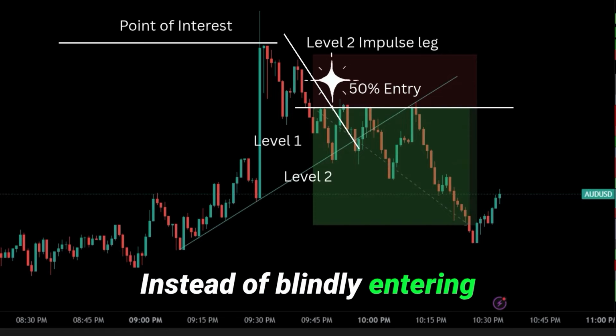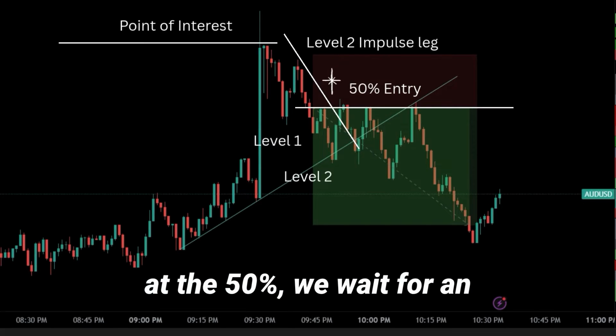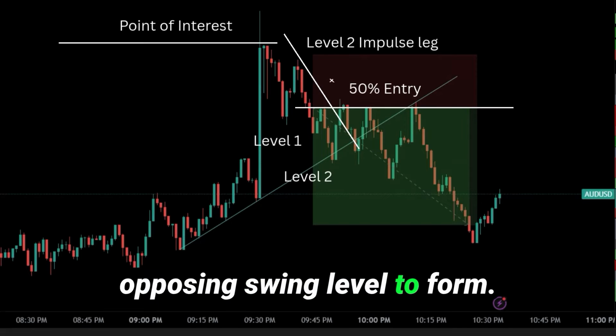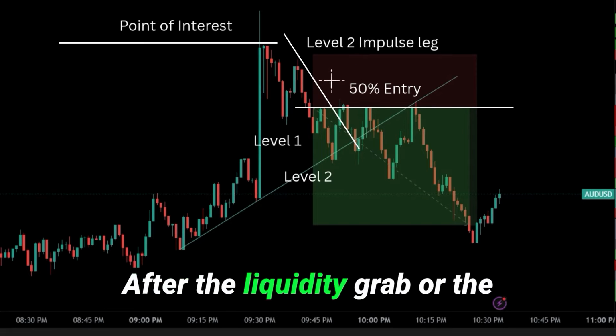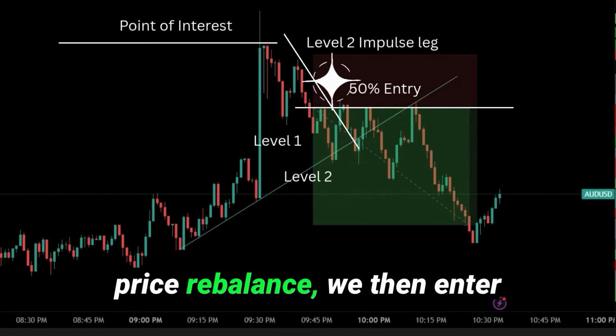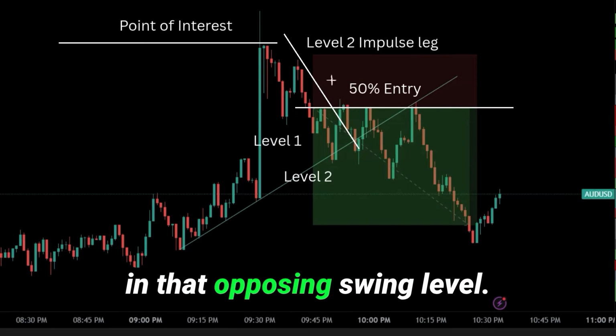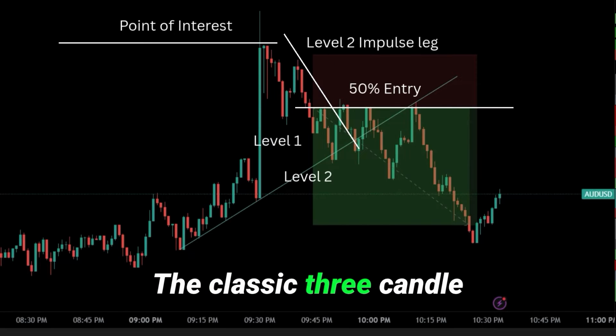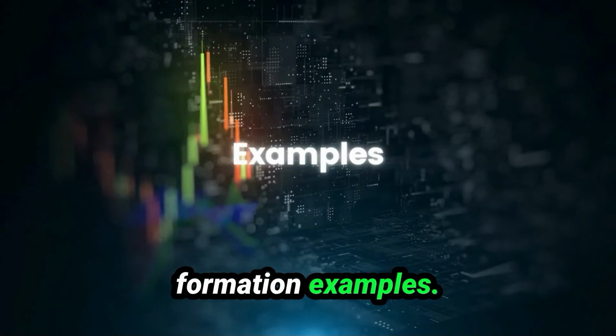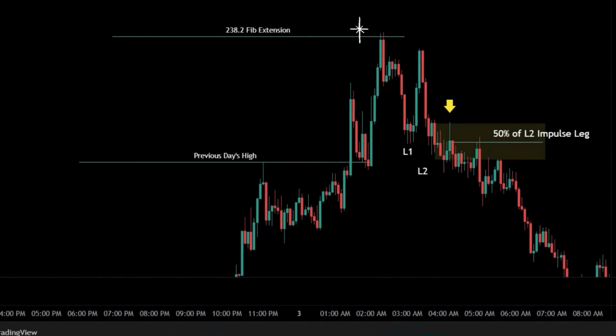Instead of blindly entering at the 50%, we wait for an opposing swing level to form after the liquidity grab or the price rebalance. We then enter at the close of the third candle in that opposing swing level, the classic 3-candle formation.